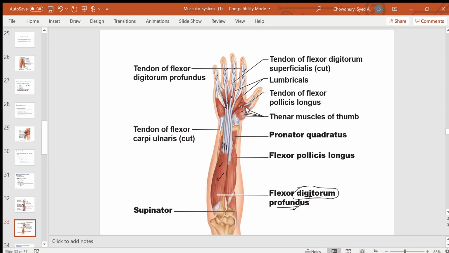So two digitorum, superficialis and profundus, in the flexor compartment. And flexor pollicis longus, you remember I told you this muscle only goes to the thumb like this. You see the tendon, the white structure, the tendon is going here. So this is flexor pollicis longus.